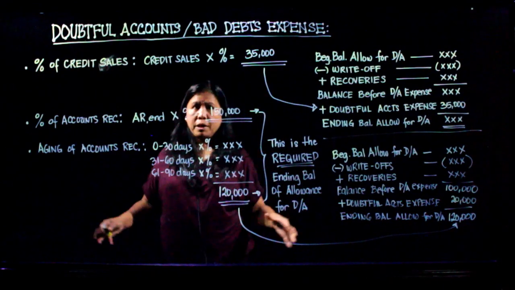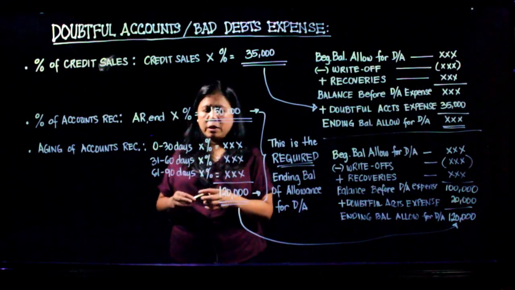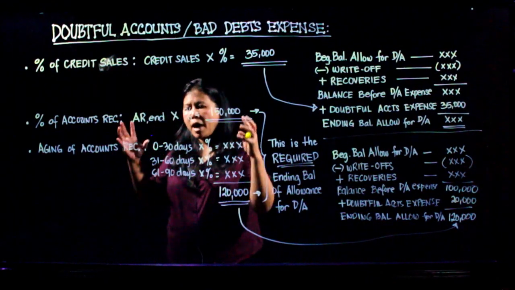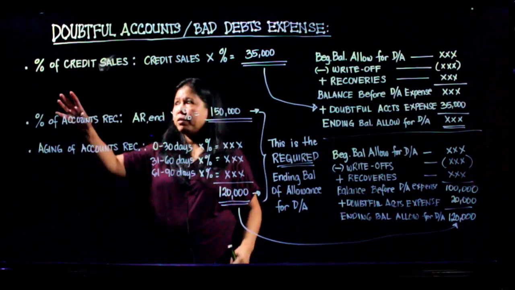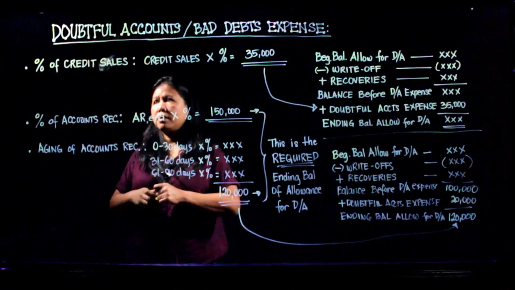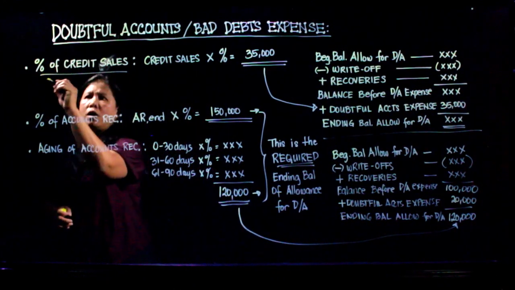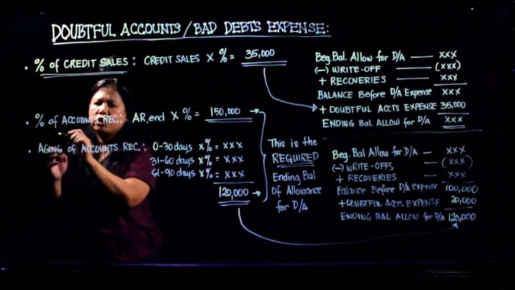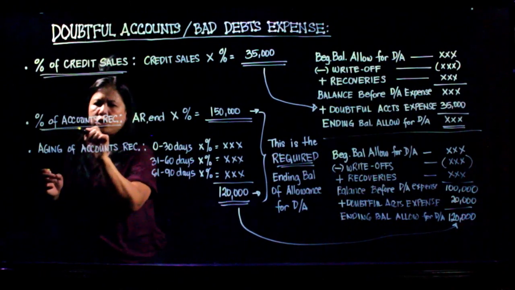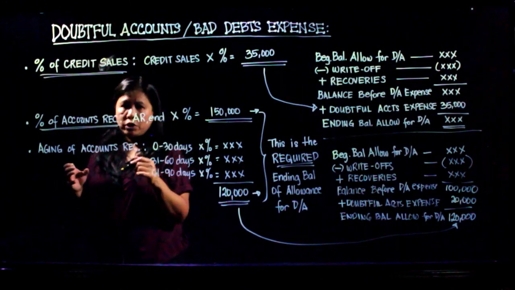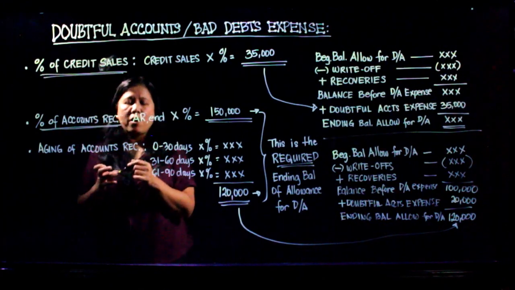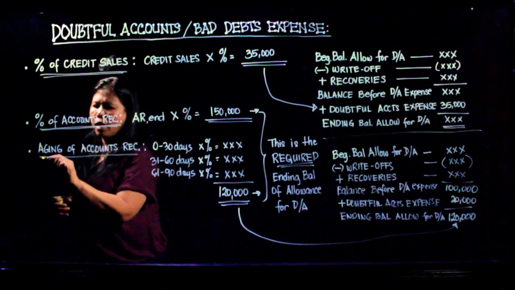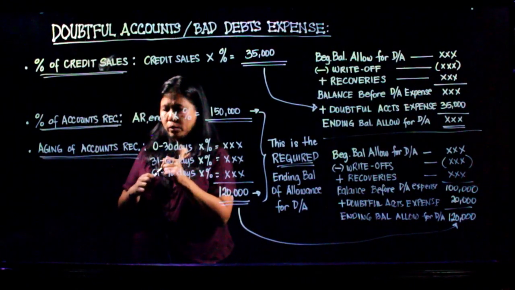Now let me repeat these doubtful accounts calculations or estimations. We have three methods. We have the percentage of credit sales, which is our income statement approach. We have the percentage of accounts receivable, which is one of the balance sheet approaches, or the statement of financial position approach, and the other one is the aging of accounts receivable.